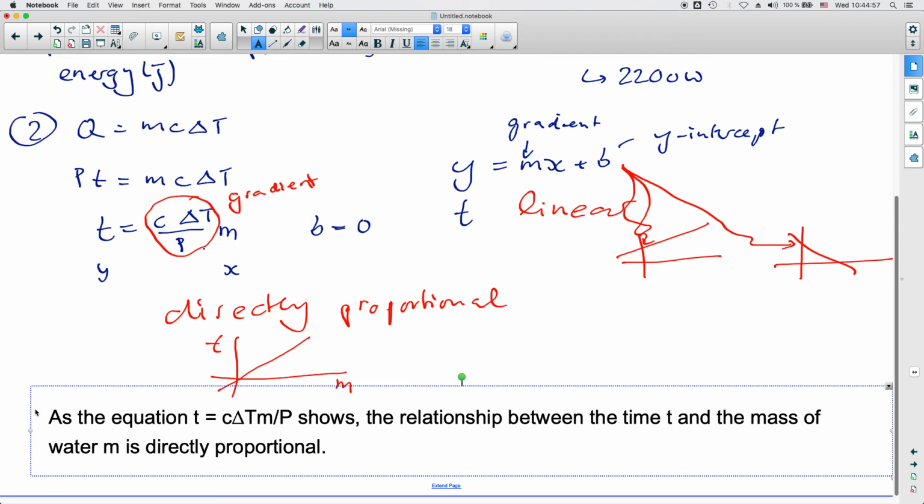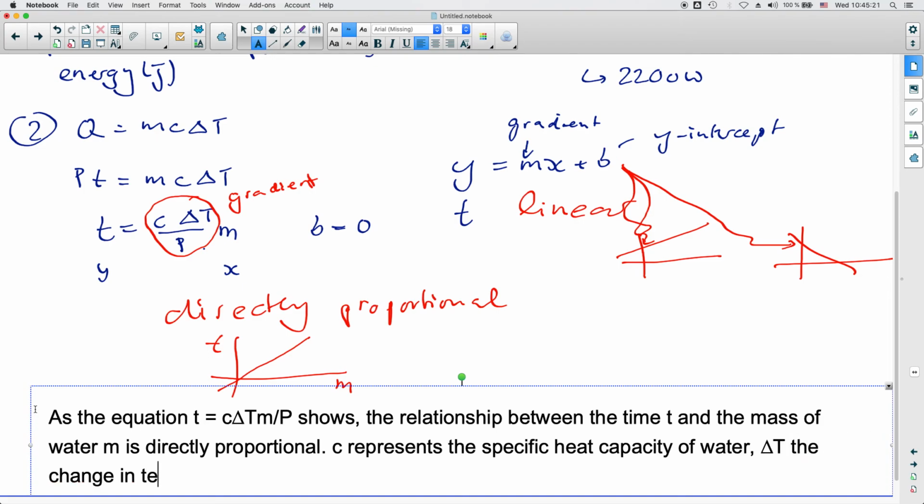If you haven't done so already, then define what the other symbols stand for. C represents the specific heat capacity of water. And delta T, the change in temperature.